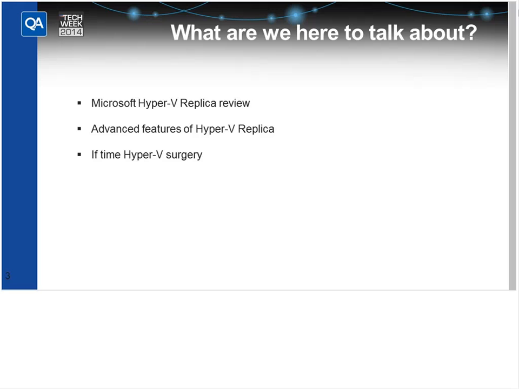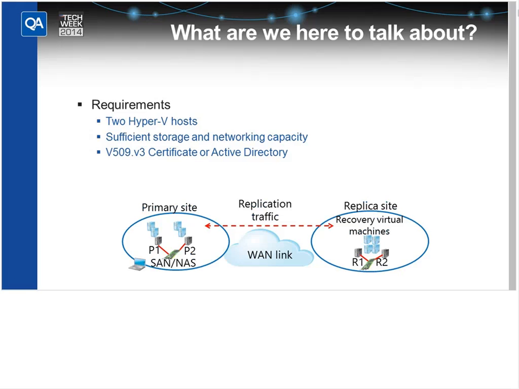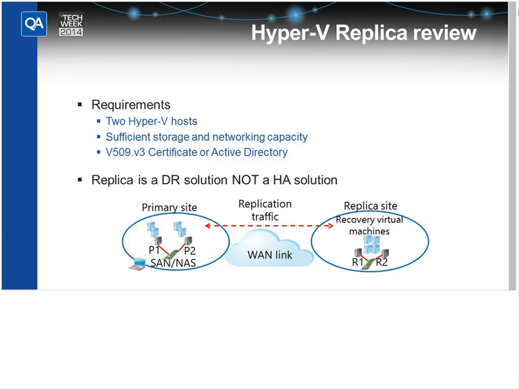So that's the plan. As part of the review, obviously Hyper-V Replica allows us to take a virtual machine that's running on one physical Hyper-V host and effectively replicate that virtual machine to a second physical host. That's the basic idea, and what we've always had from Hyper-V Replica.